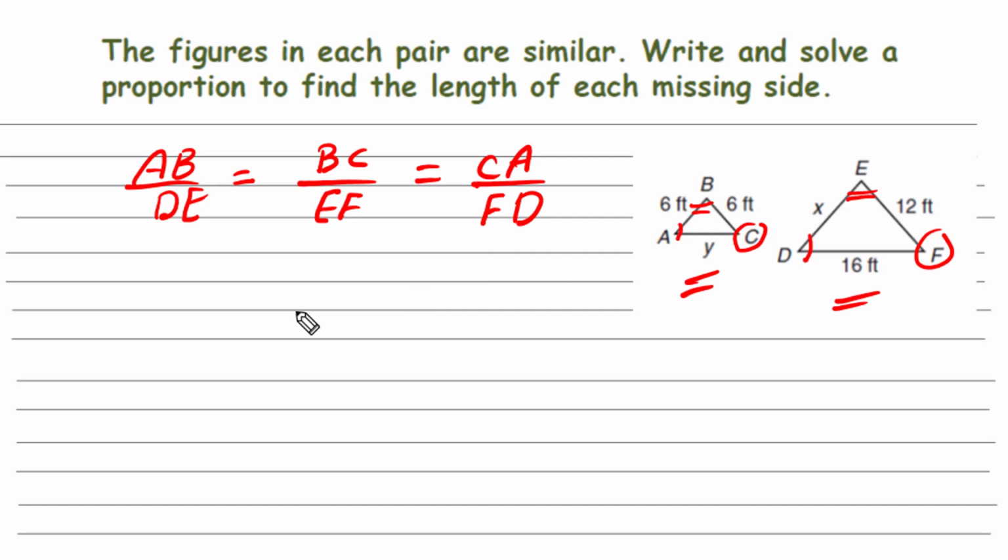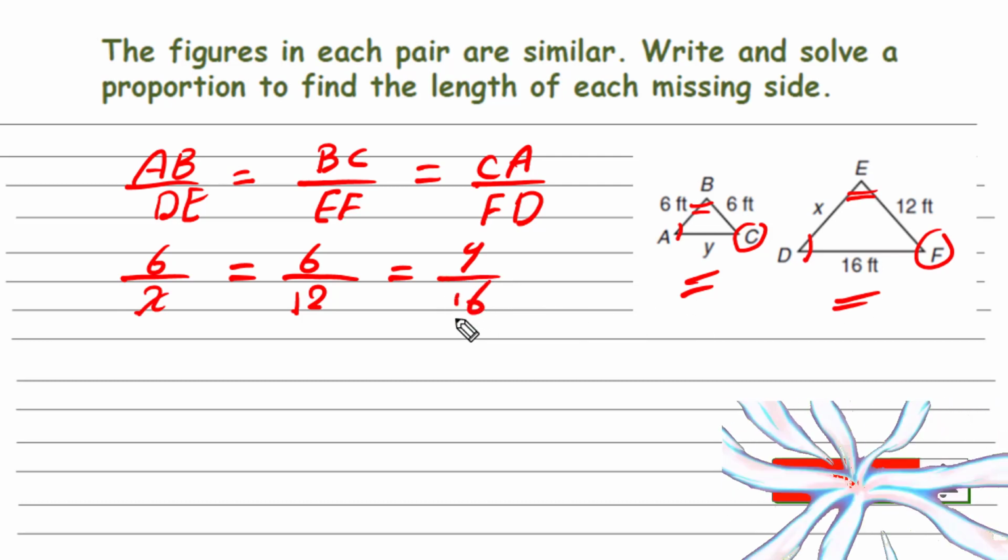Now substitute for each length. AB equals 6 feet over DE equals x, BC equals 6 feet over EF equals 12, and the last ratio CA equals y over FD equals 16.